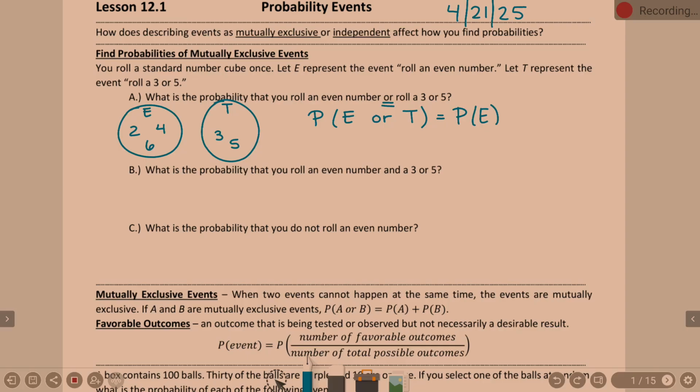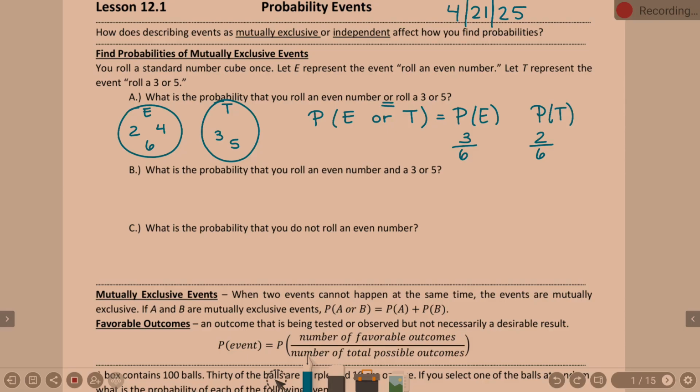As a fraction, 3 out of 6. 3 out of 6 is where you started. I'm not against 1/2, I'm just trying to save myself work later. What about the probability of event T happening? 2 out of 6. A 3 or 5 is 2 options, and we're saying 2 out of 6 because we all know a die has 6 sides, right?